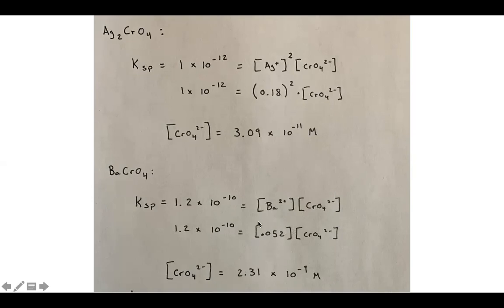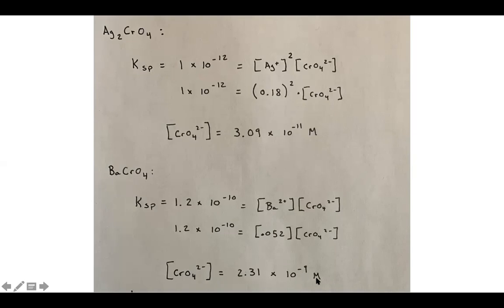Again, we're going to assume that the initial amount of barium I have is my equilibrium amount of barium, so 0.052. What I find by going through this calculation is that in order for barium chromate to start precipitating out or starting to form solid, I would need a concentration of chromate equal to 2.31 times 10 to the negative 9th molar.